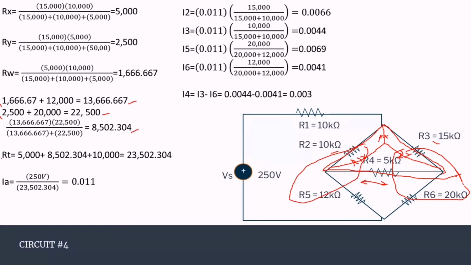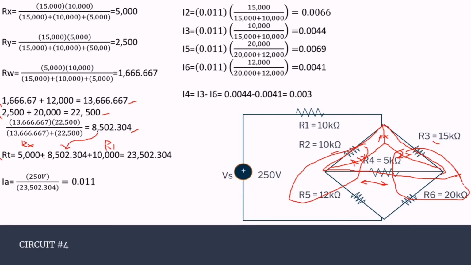So to get our R total, we need our Rx, the value of the last computation, and our R1.